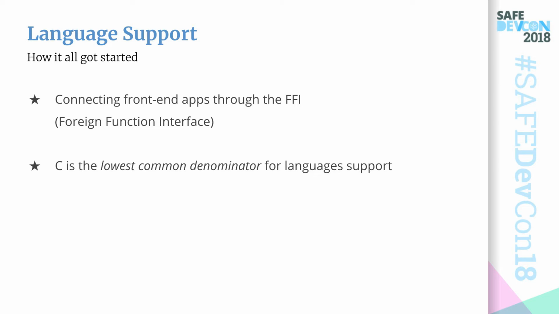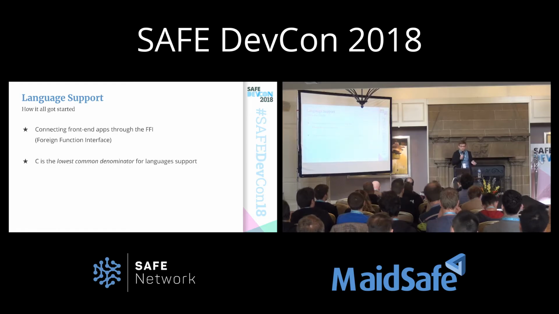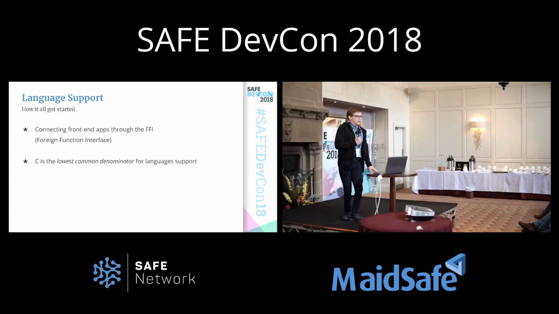So consequently, as Krishna mentioned, I think that was one of the questions about it, I think the vast majority of languages support the C ABI. So in practice, that means that if we have a C-compatible library and C headers, consequently, we have support for most of the languages out there.